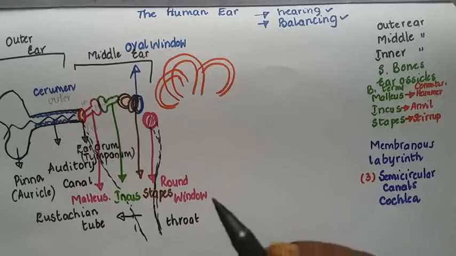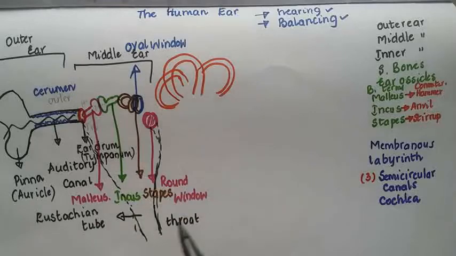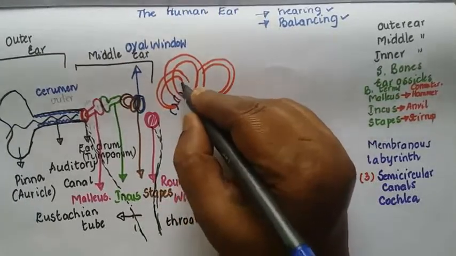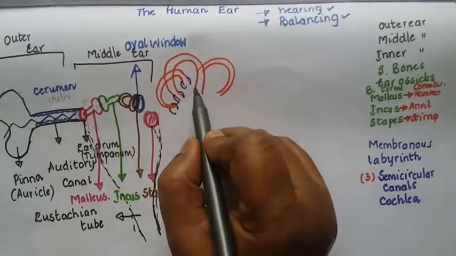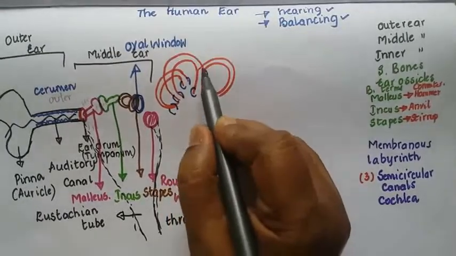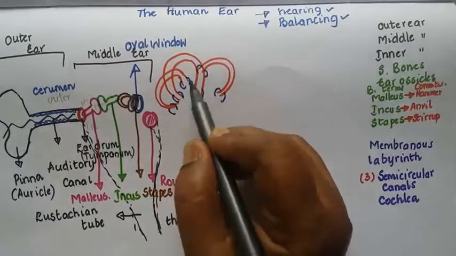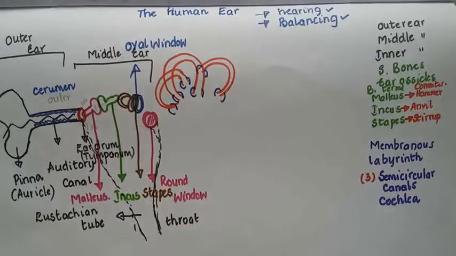The ends, or the bases, of these semicircular canals are enlarged. So you can say that this is the base. The bases of these semicircular canals are widened or enlarged.